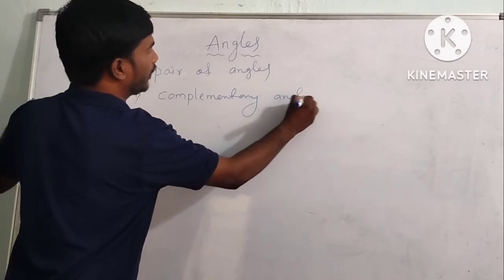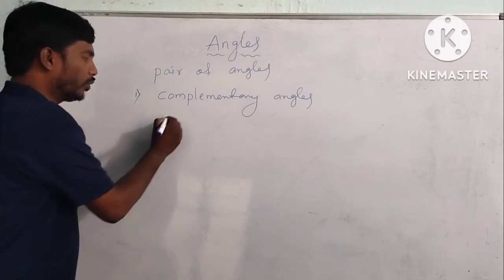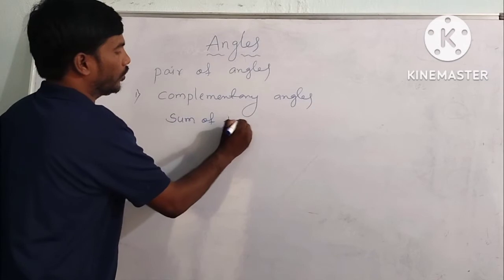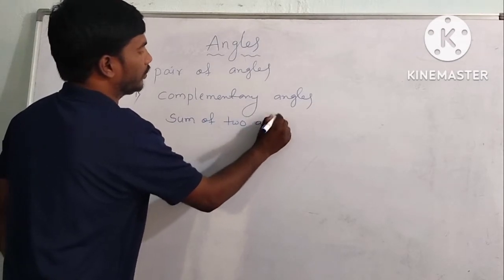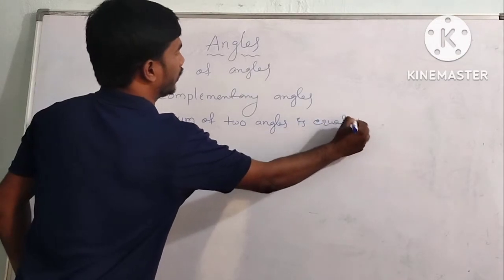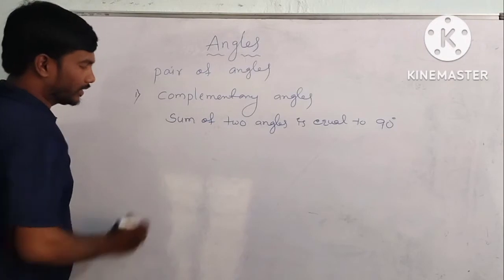Complementary angles. What is meant by complementary angles? Sum of two angles is equal to 90 degrees. What is meant by sum of two angles is equal to 90 degrees?